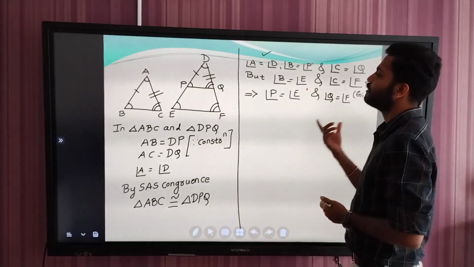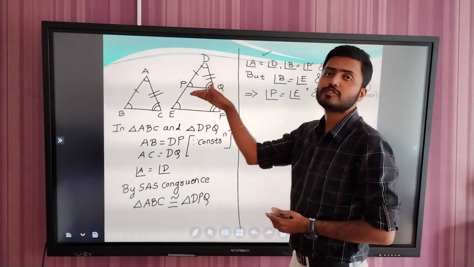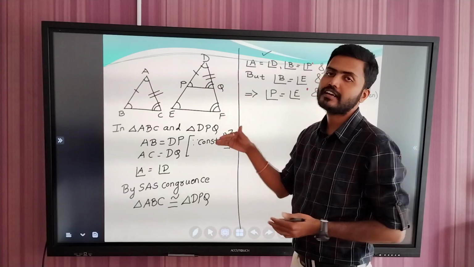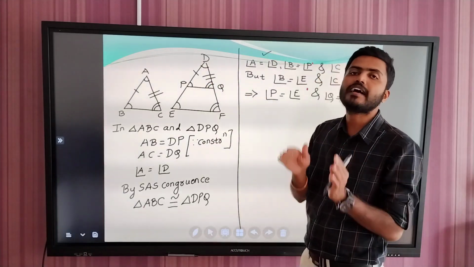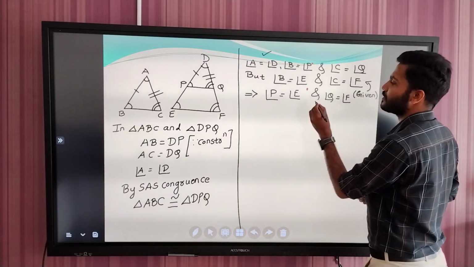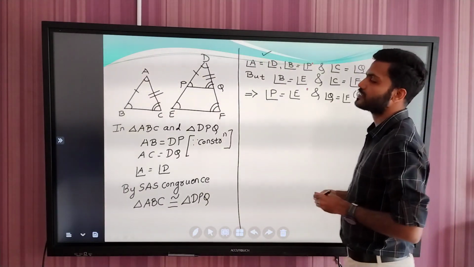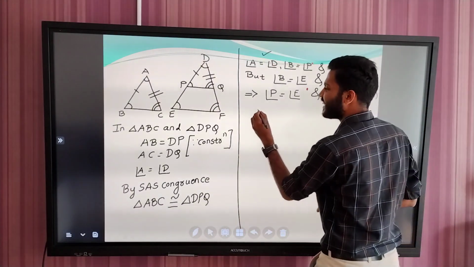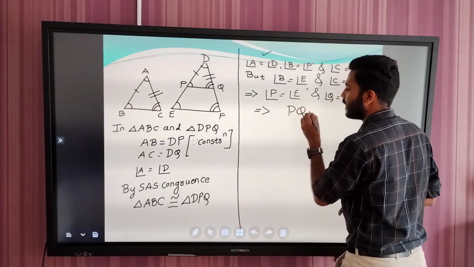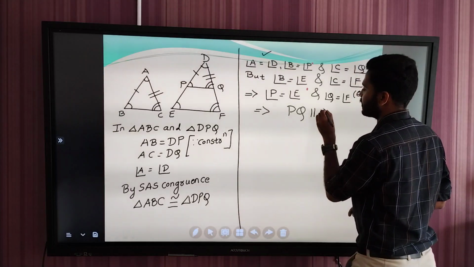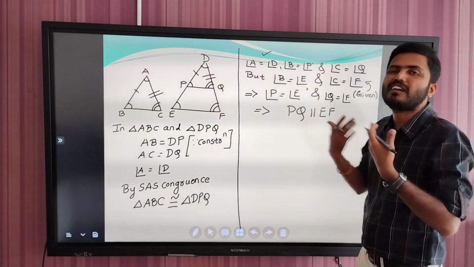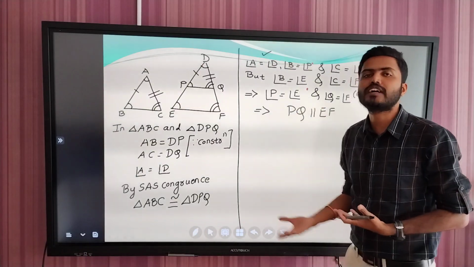So since angle P is equal to angle E and angle Q is equal to angle F, I can conclude that the line PQ should be parallel to EF. This is the statement that we already know. We have also learned this in grade 9.